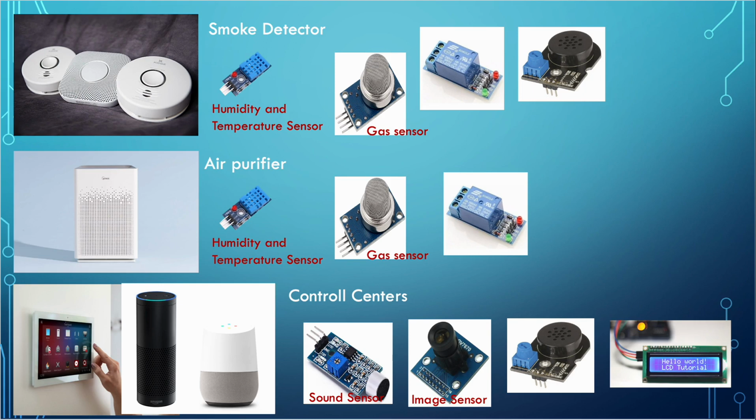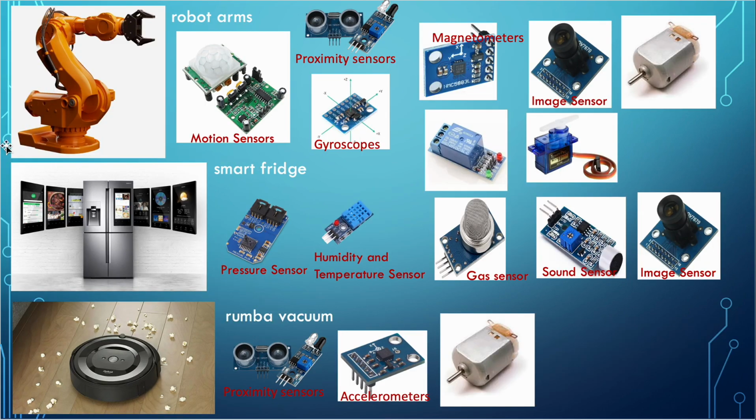From that point onwards, let's go to the next set of examples, right? We have the robot arm. We talked about this. We talked about how these are used in industrial scenarios, especially when building or manufacturing vehicles.